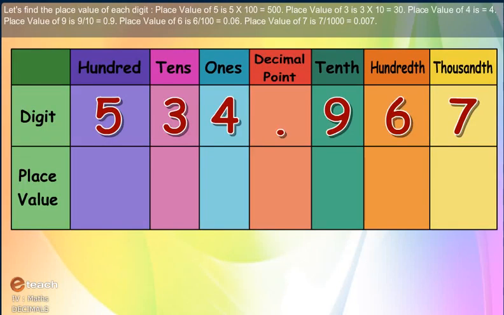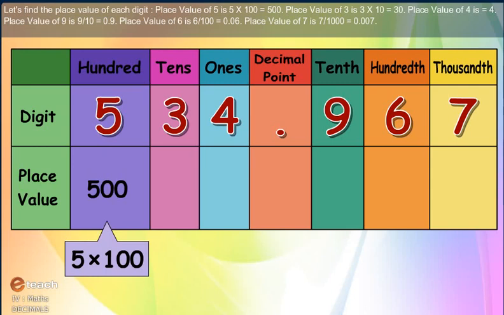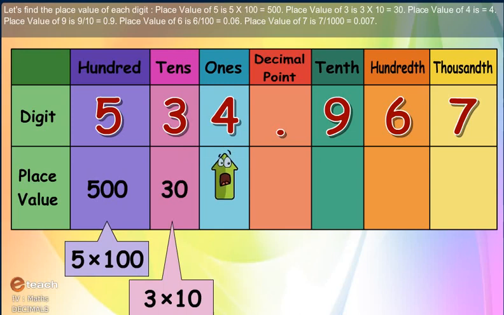Let's find the place value of each digit. Place value of 5 is 5 into 100 equals 500. Place value of 3 is 3 into 10 equals 30.